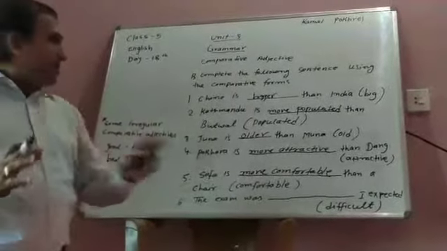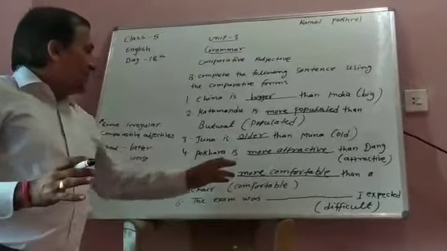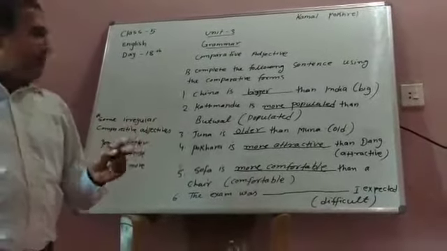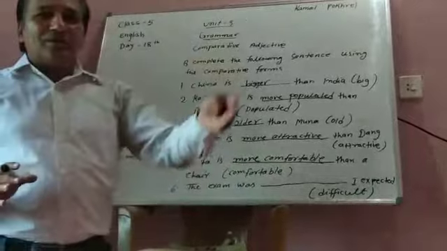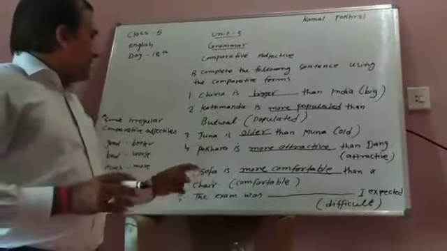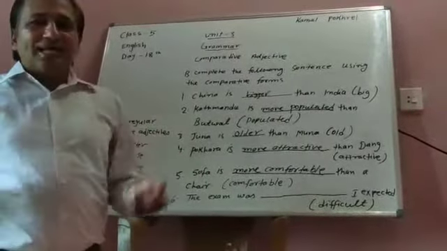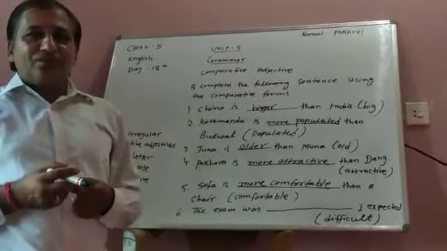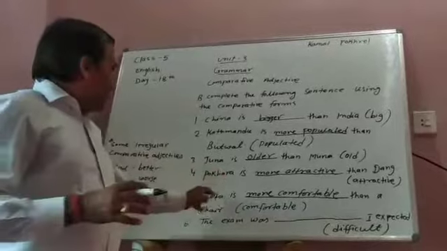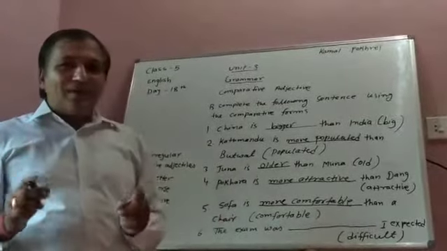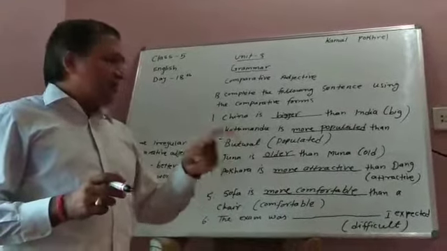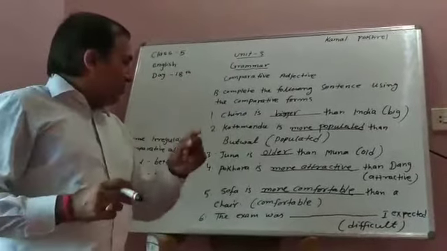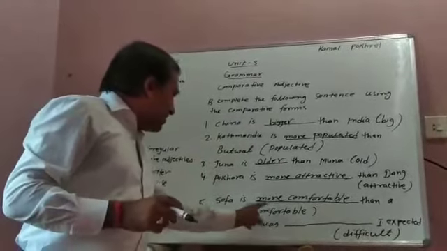How is the sofa? Sofa is more comfortable, not only comfortable. If you say sofa is comfortable than chair, then it will be wrong. So we should use here more comfortable than a chair.